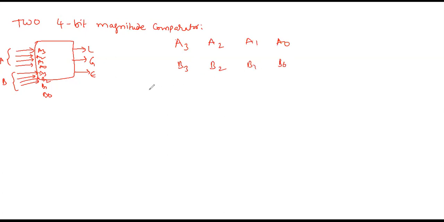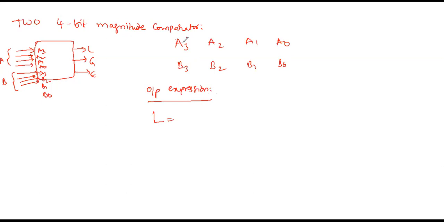Now writing the output expression. When we say A is lesser than B, first we compare A3 and B3.